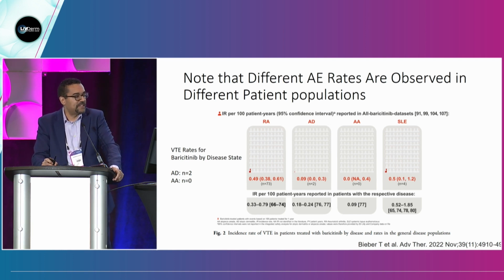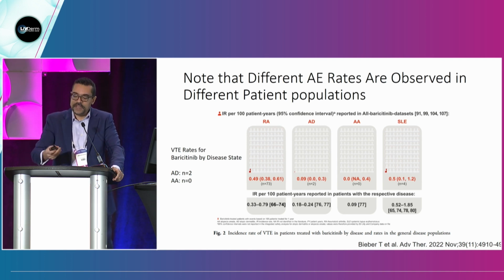This is just one example, a study looking at the different rates of venous thromboembolism for patients receiving baricitinib across different disease states. Again, you see that for the two dermatologic conditions in the middle, atopic dermatitis and alopecia areata, in this particular analysis, we see much lower incidence rates of venous thromboembolism.